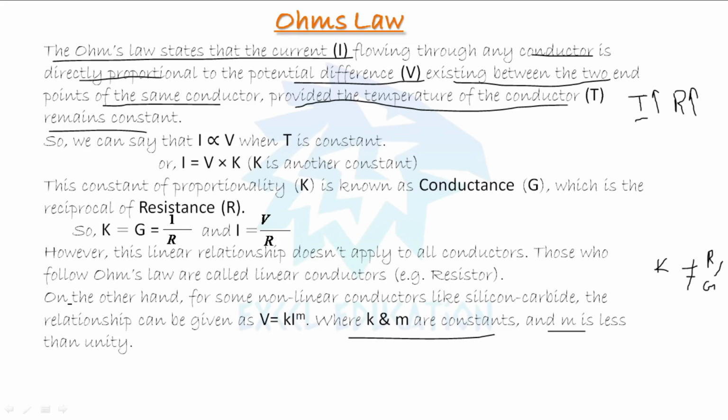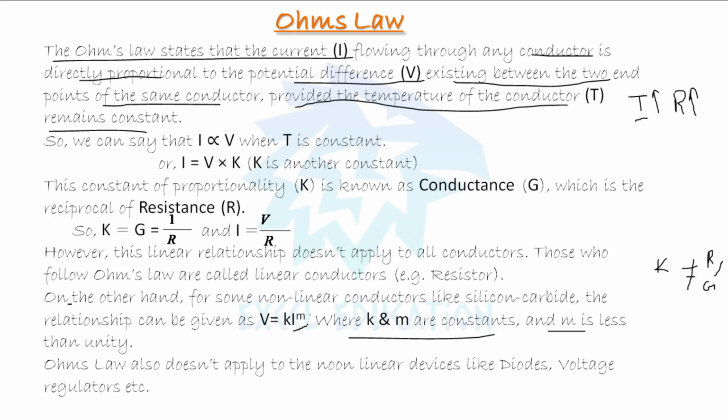This is another constant, and the current is raised to a power that is less than unity. So the voltage is not directly proportional to the current. This is a non-linear relation. So Ohm's law doesn't apply to non-linear devices like diodes, voltage regulators, etc.